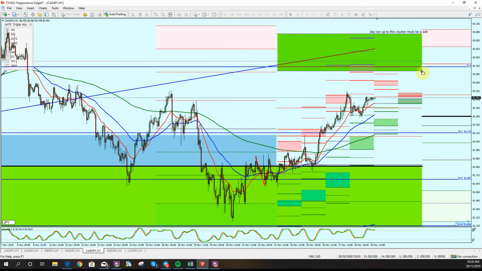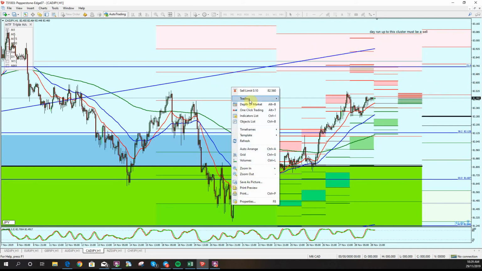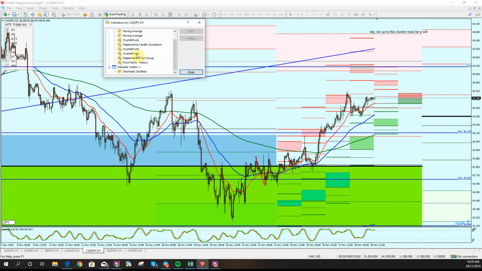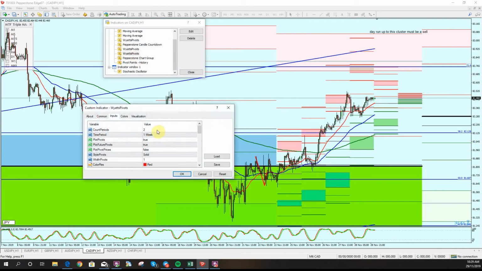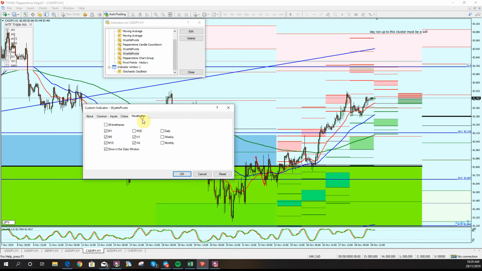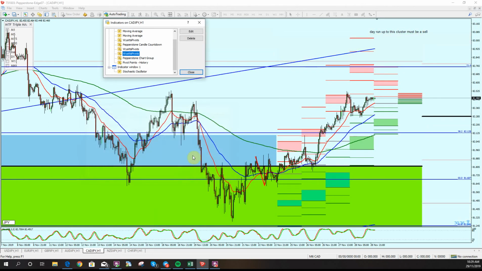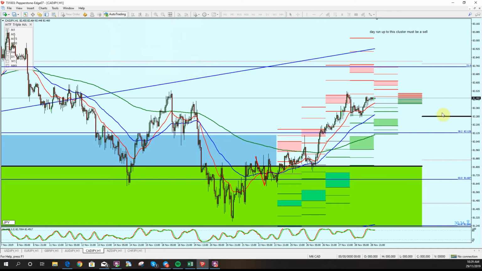That zone there. So I'm going to get rid of that, and I'm also going to get rid of these. Clean this up a bit. Just give me a second. Indicators list, pivots. We'll take that off and see it. So there goes, the weekly pivots are gone. Now we just have daily pivots.